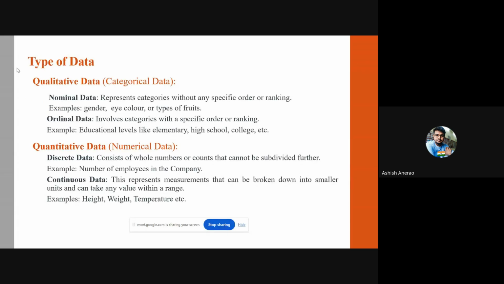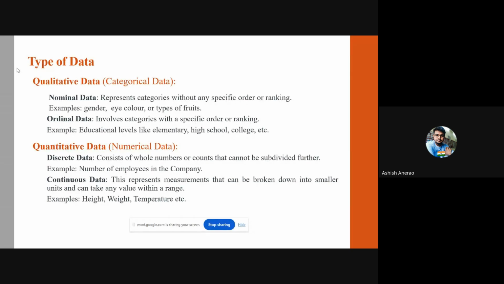Now next is types of data. In statistics there are mainly two types of data. First is qualitative data, another is quantitative data. Qualitative data again contains two types. One is nominal data, the second is ordinal data.